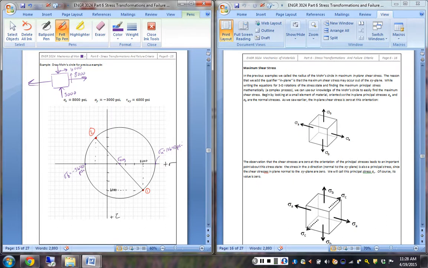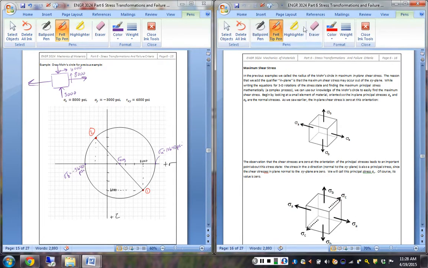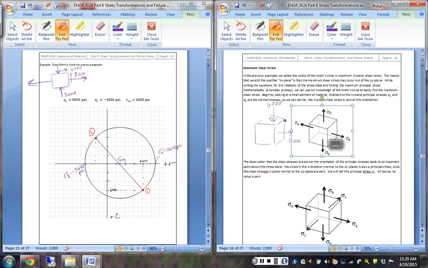But if we think about that in terms of our 3D stress state, if we look on page 6-11, we actually have our cube, or our full three-dimensional structure, where if we draw the stress state that we have talked about, you would have our cube that has 8,000, 3,000 sigma y compressive, and shear along the face of 6,000.